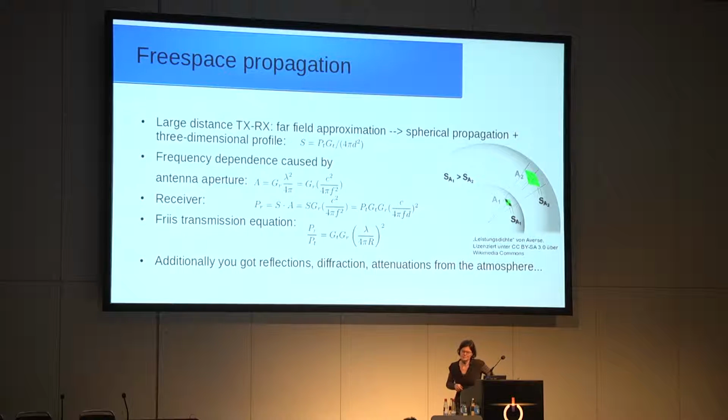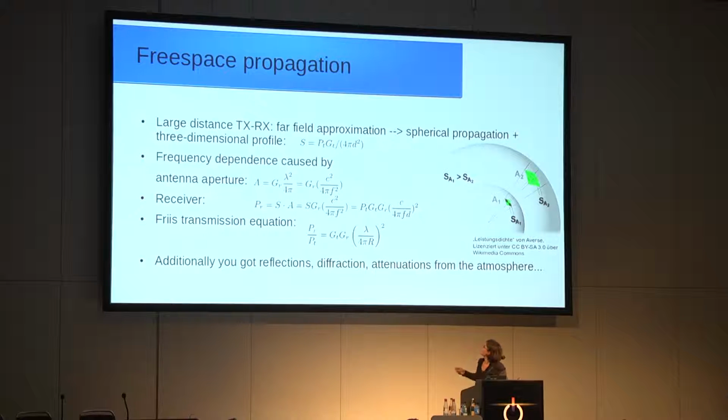One term which is often used is Friis' transmission equation that defines the ratio of power available at the input of the receiving antenna to the output power of the transmitting antenna.